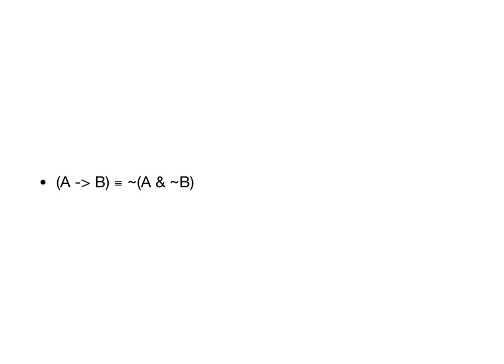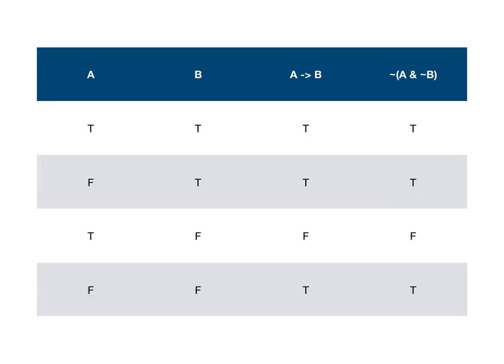If I tell you, as the conditional does, that whenever you have A, you have B as well, then it has to be false that you could have A and not have B, right? This will be important because when we talk about the tableau method, the fact that these two expressions are equivalent will be important when you try to use the tableau method, which we'll talk about in a few weeks, with conditionals.